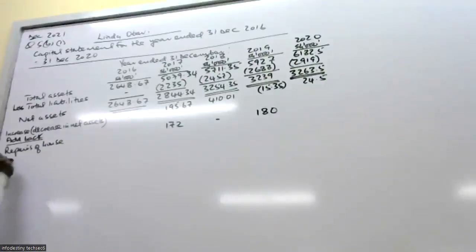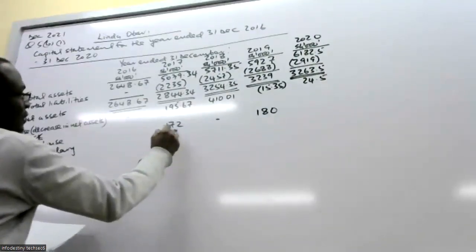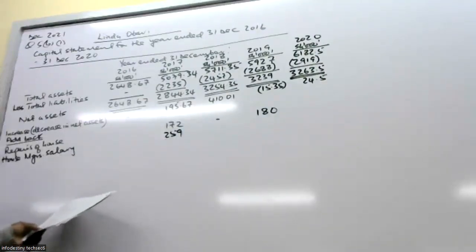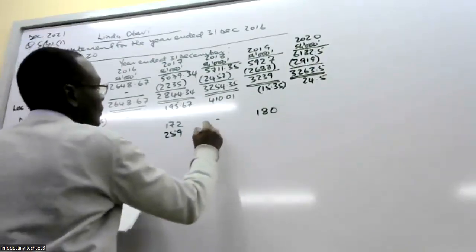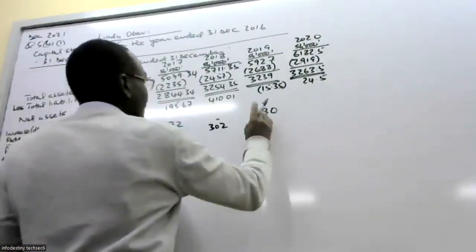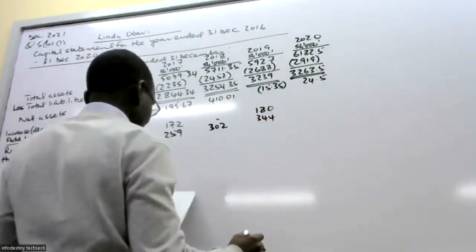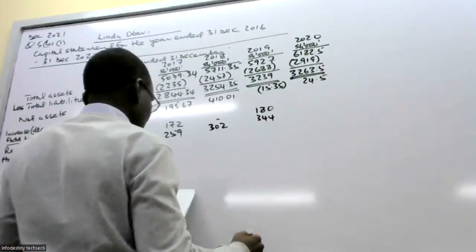Then there is house manager's salary. House manager's salary is 259 in 2017, then you have 302, then you have 344, then you have 358.